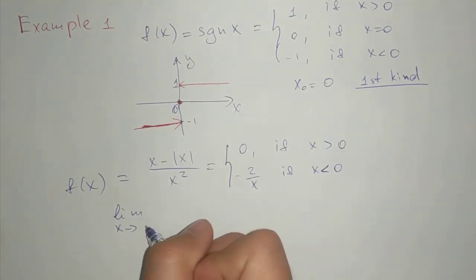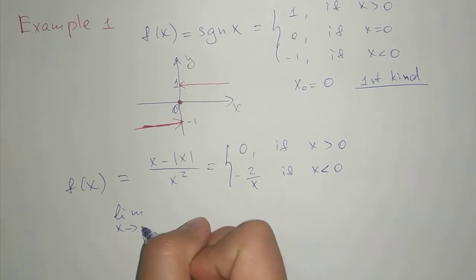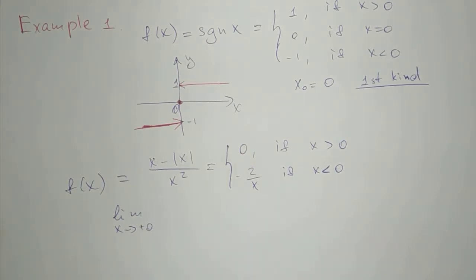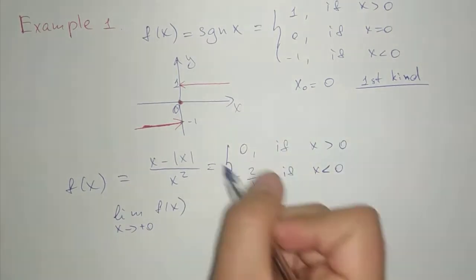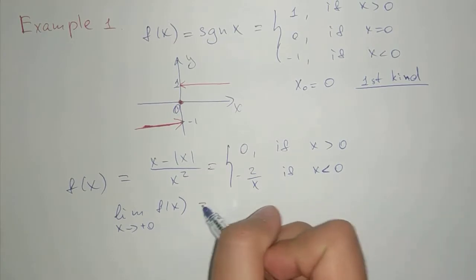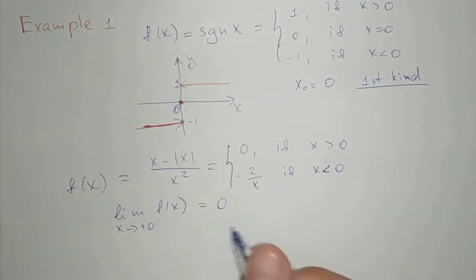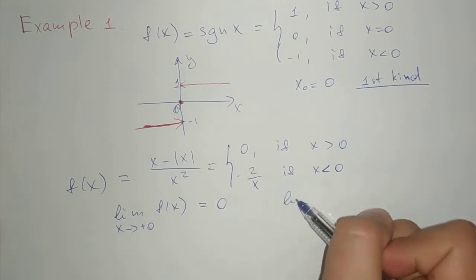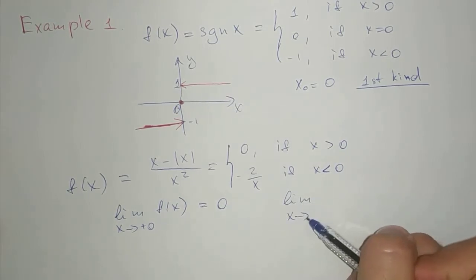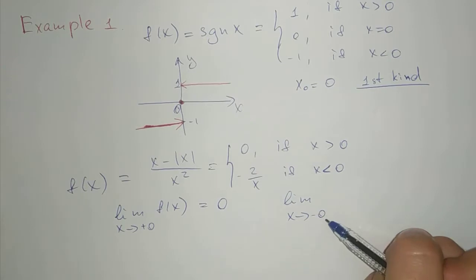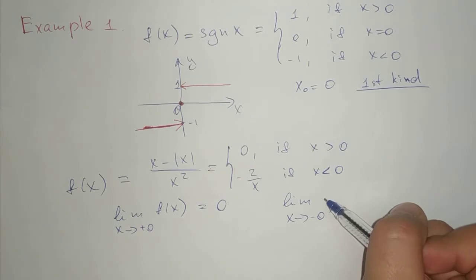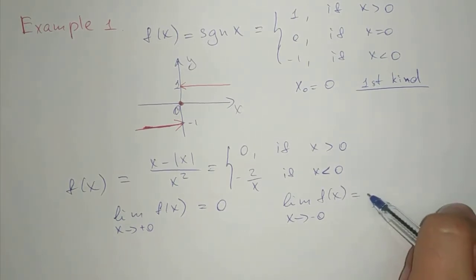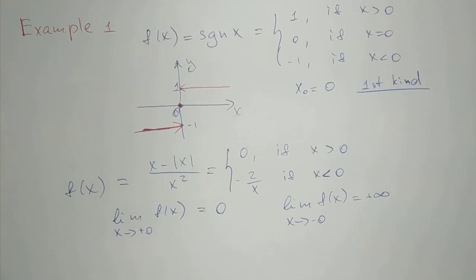Okay, the limit as x tends to 0 plus, the right side limit, is 0 because of the first one. The next one, the limit as x tends to minus 0, the left side limit, equals plus infinity.